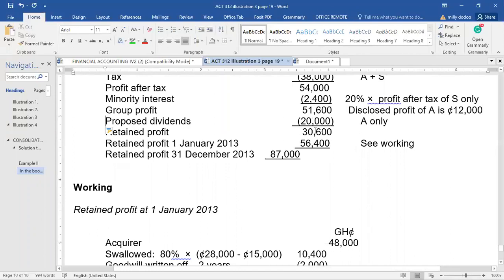Now when you go to the question, the proposed dividend of H is 20,000. Have you seen it? So we are subtracting the proposed dividend of H of 20,000 from the profit after tax.